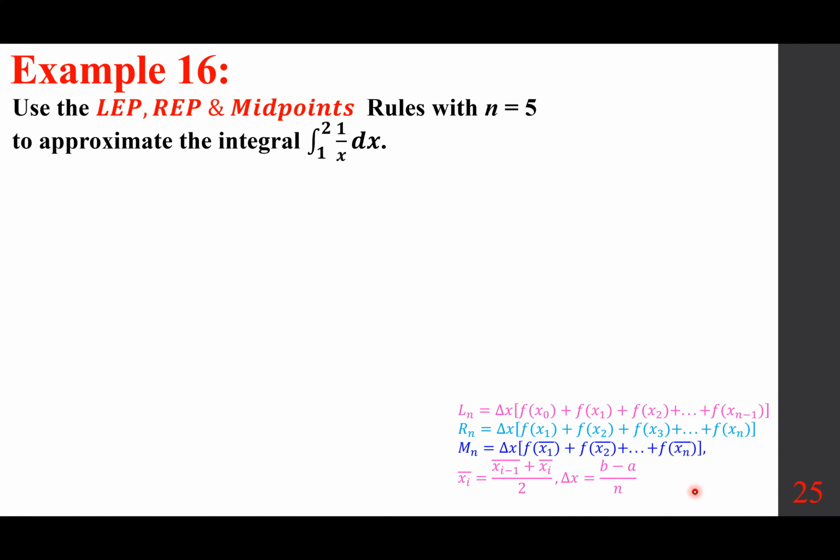Okay, so to get this started, please understand that we have the function y, or f of x, equals 1 over x. A is 1, B is 2, so from 1 to 2, lower limit to upper limit.